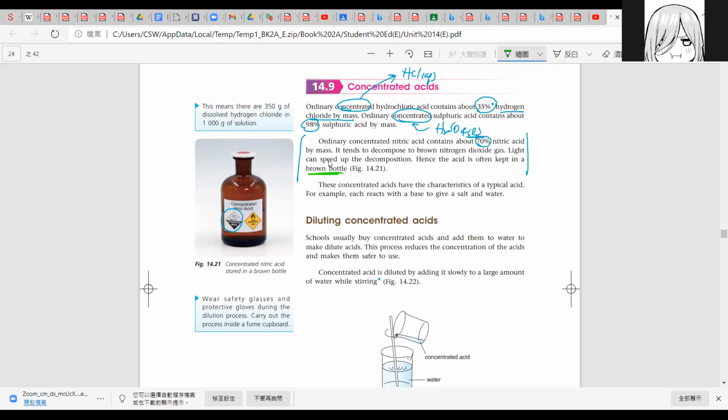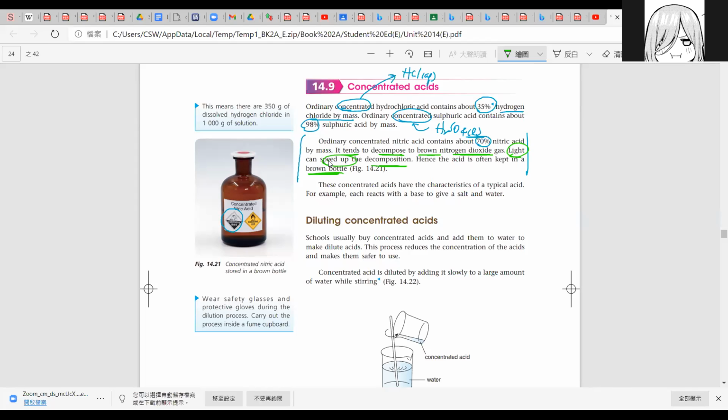It will undergo photo decomposition so easily. It tends to decompose to brown nitrogen dioxide gas. Sunlight speeds up the decomposition, so it is put in a brown bottle.